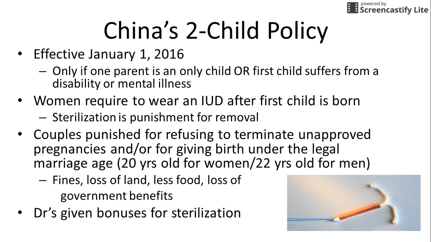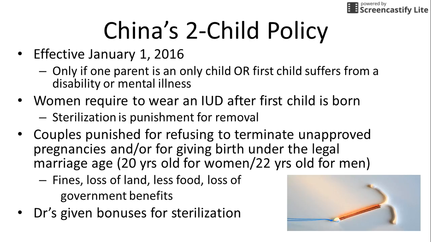If a parent is an only child or their first child suffers from some sort of disability, they're allowed to have two children now. Women are required to wear an IUD after the first child is born.